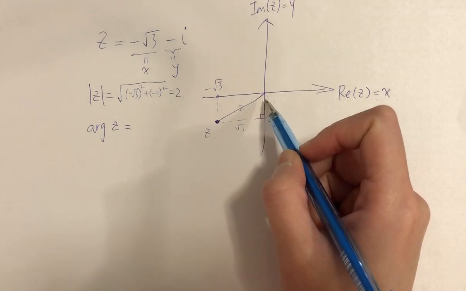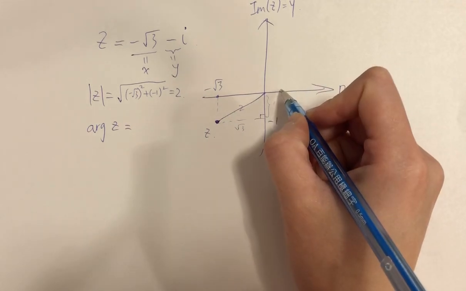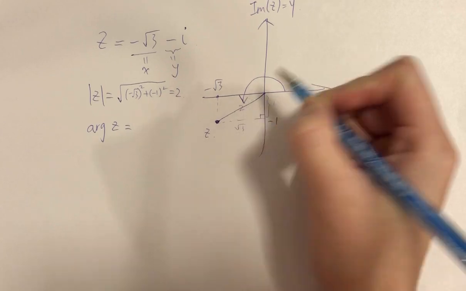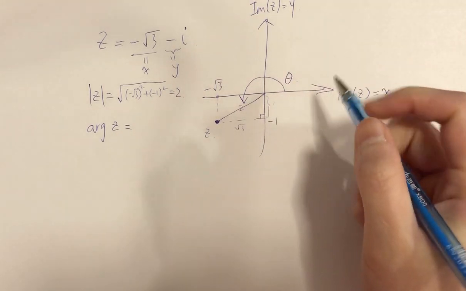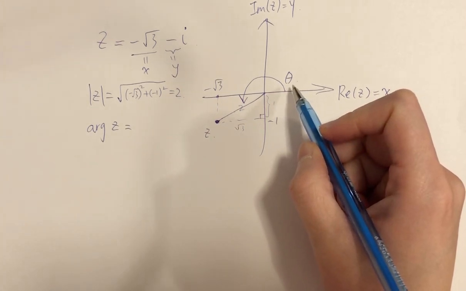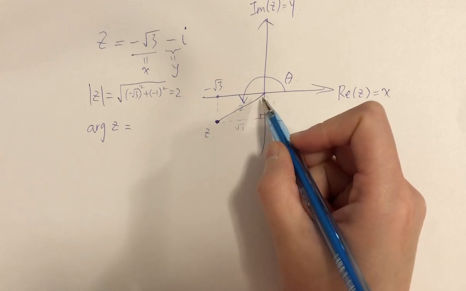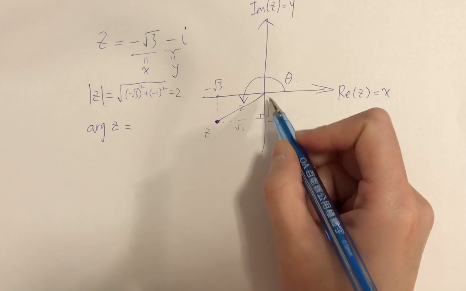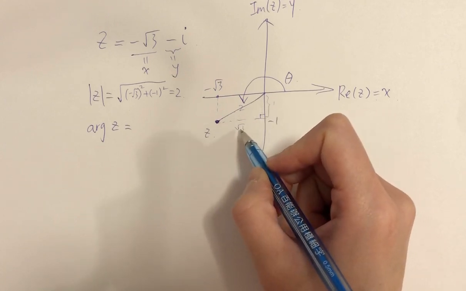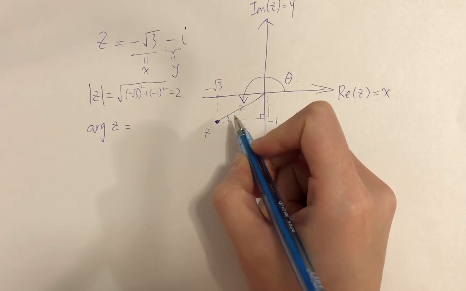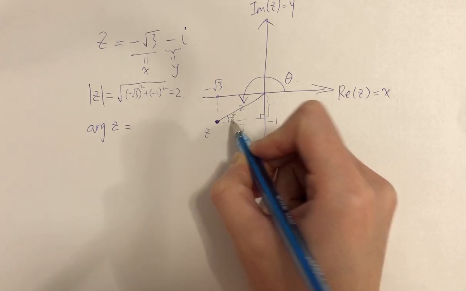But then we just need to find one value of it. So we can either find it this way or this way. Let's do it this way, because it's the direction I'm used to. If I call this angle theta, what would that be? Because this is a special right triangle, with sides 1, square root of 3, and 2, the first thing that comes to my mind is this is pi over 6.